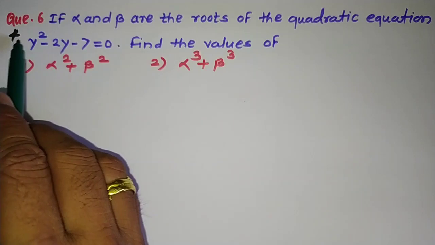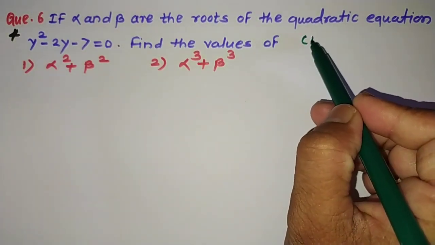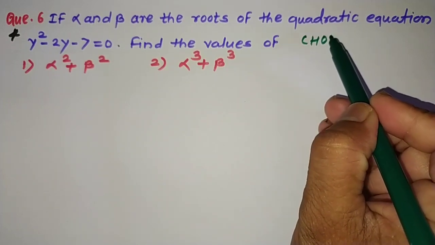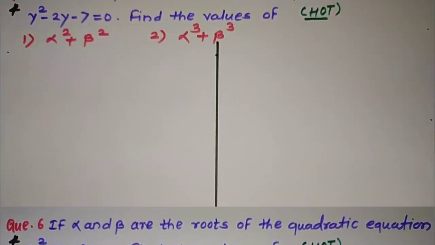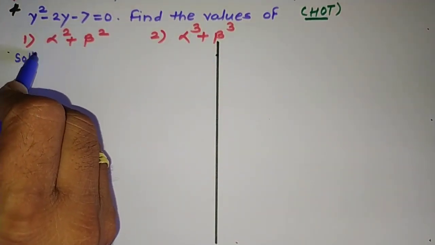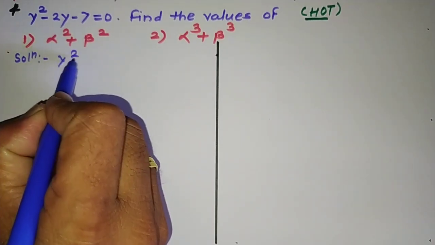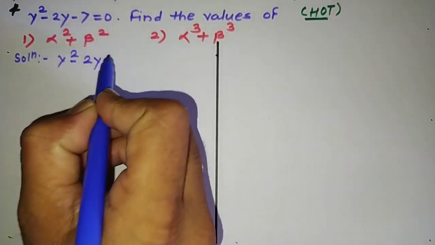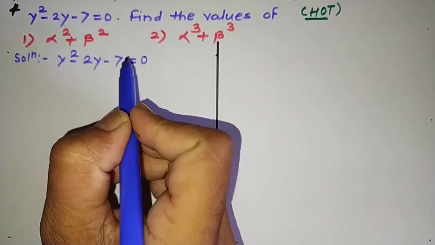This question is star indicated. It means this type of question is a hot question, higher order thinking question. Solution: first, write the equation y square minus 2y minus 7 is equal to 0.